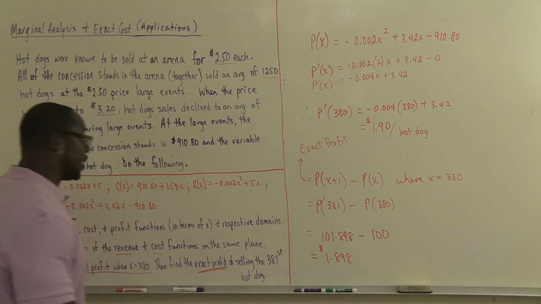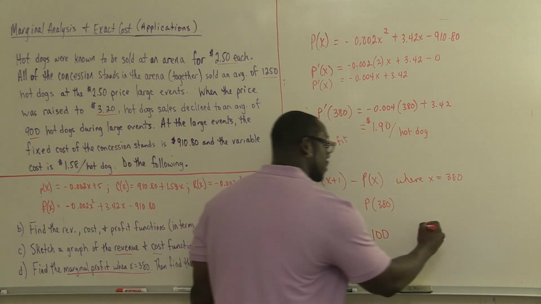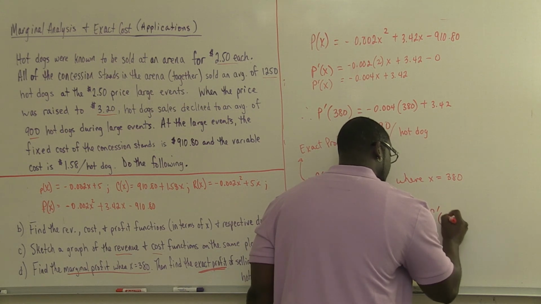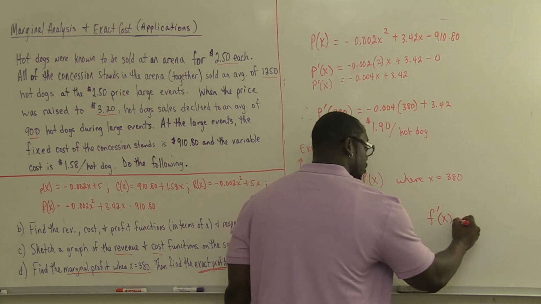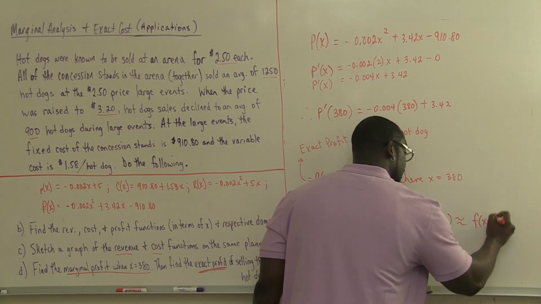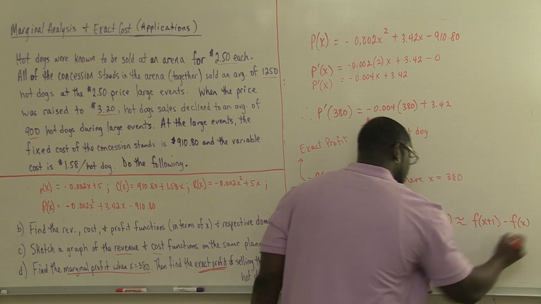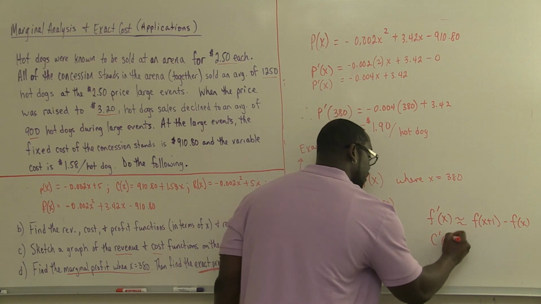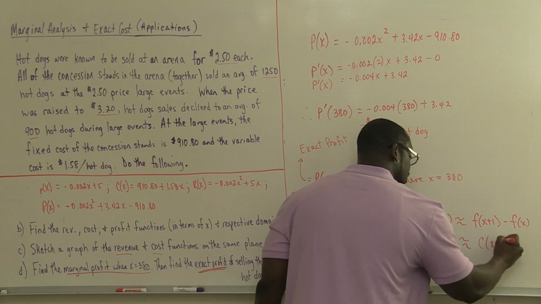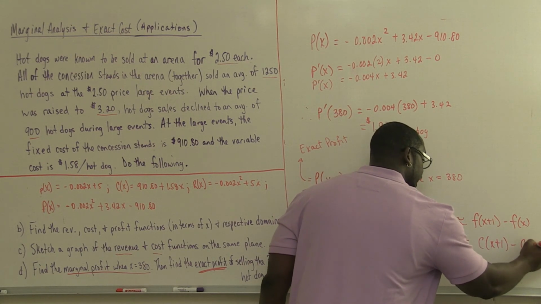And so again, that's why we were saying that in terms of just a general function, the derivative of the function would be a good approximation of this. And of course, in terms of cost, we were saying that marginal cost would be a good approximation of exact cost.